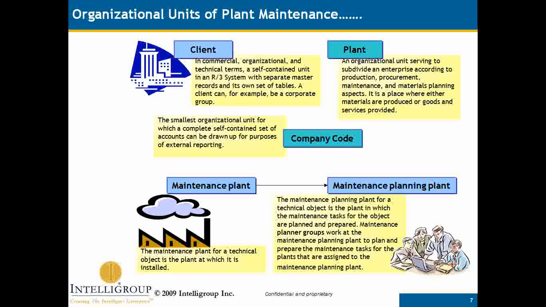Company code means, maybe you can take Hyderabad as the main branch head office, the company's own organization. They will have one plant in Vizag, one plant in Chennai, one plant in Bhubaneswar, somewhere. These are all plants that come under one company code.